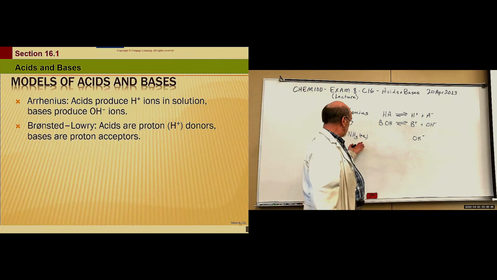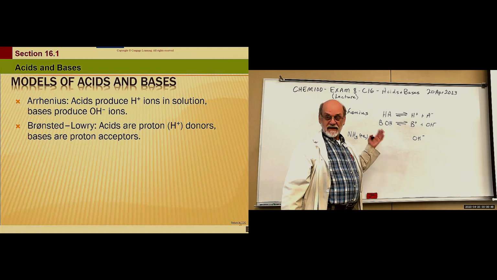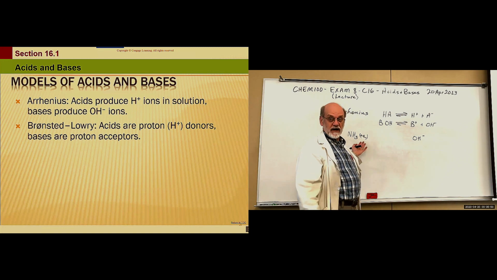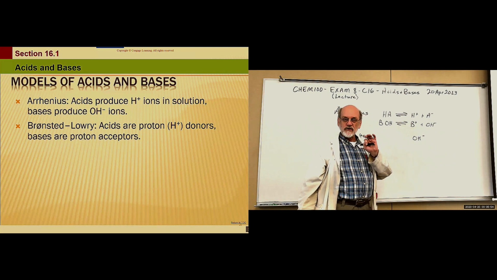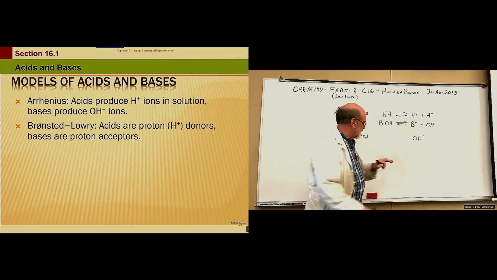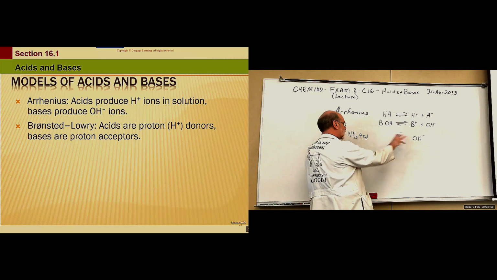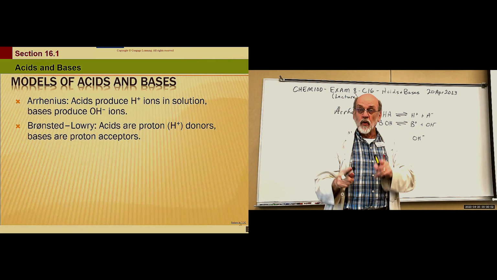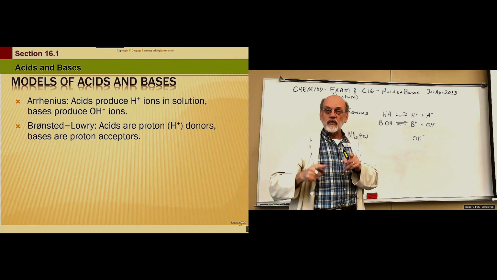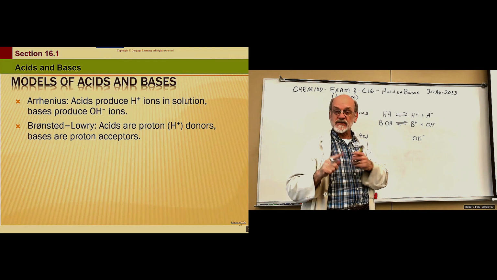So where did they come from? They didn't come from the ammonia molecule because there's nothing there. So we have to introduce another concept. And we eventually discovered that the ammonia was reacting with water molecules. Water was becoming an active participant in the reaction.